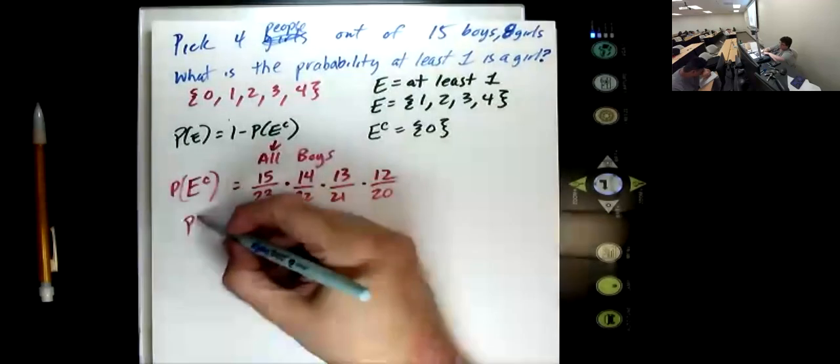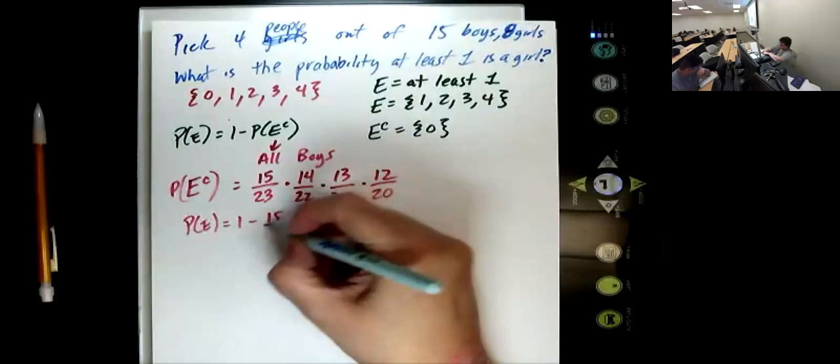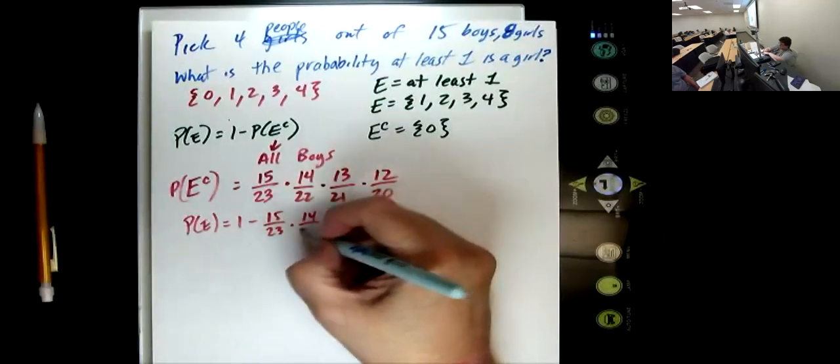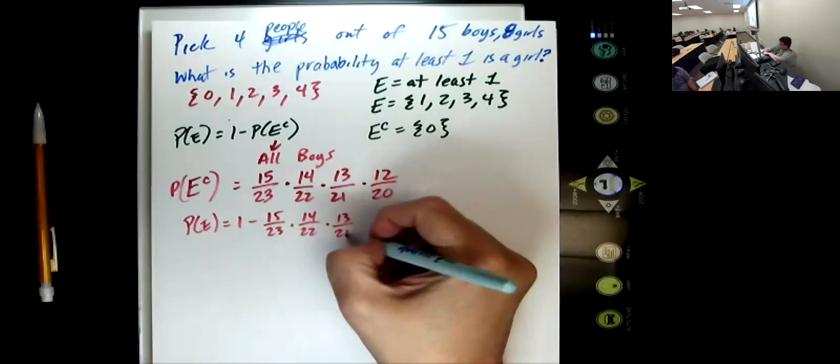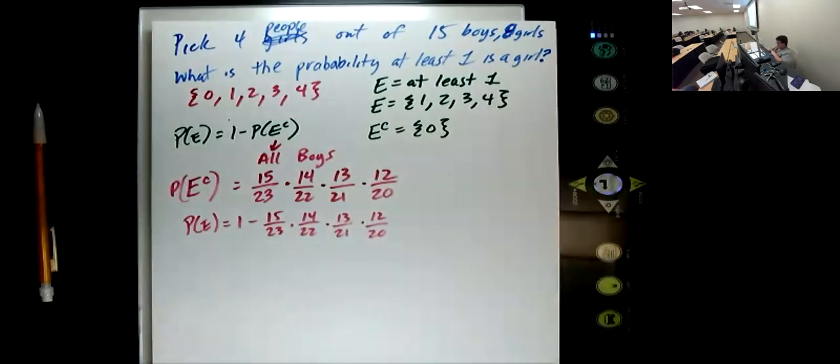So probability of E is doing 1 minus that. Fifteen times 14 times 13 times 12.